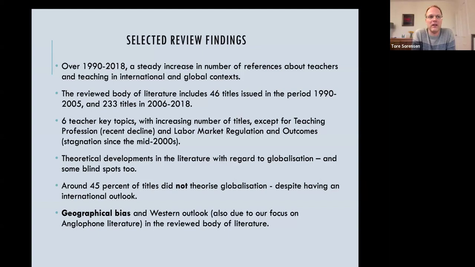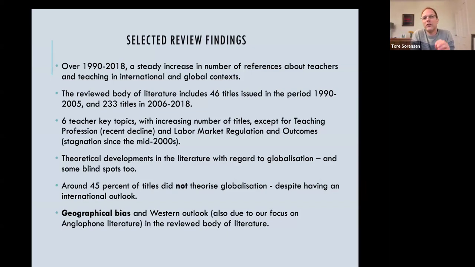The literature has expanded a lot. We identified these six key topics, and that is already a finding from our scoping review. And we could also see for which topics the literature has expanded more or less. For some topics, it has actually declined a bit.